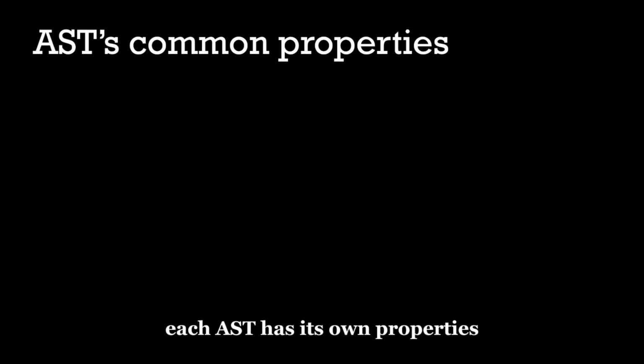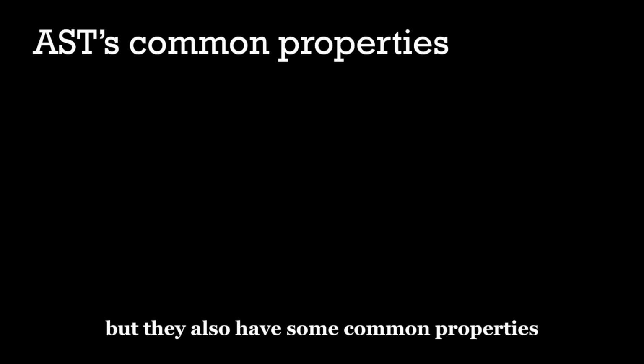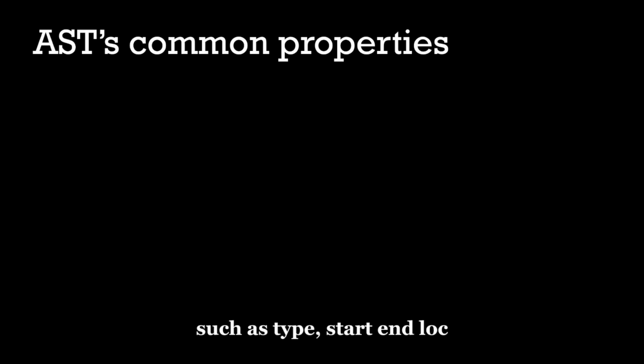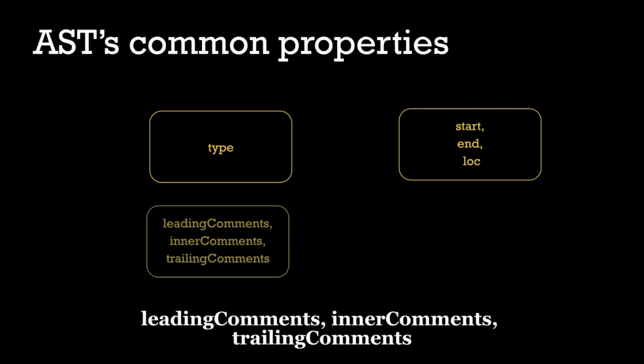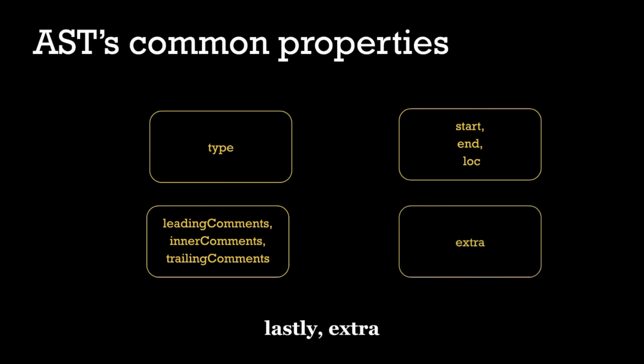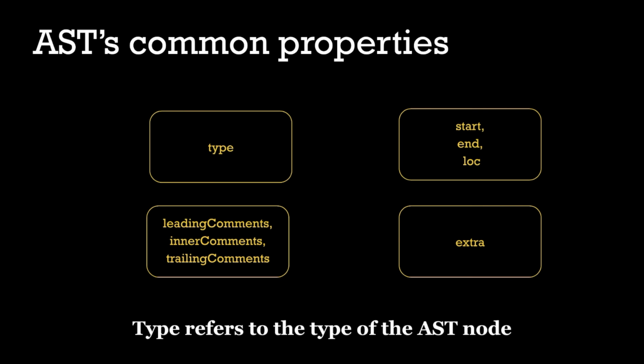And for the last part of the chapter, I'll be talking about AST's common properties. Each AST node has its own properties, but they also have some common properties, such as type, start and end, loc, leading comments, inner comments, trailing comments, and lastly, extra. Type refers to the type of the AST node.